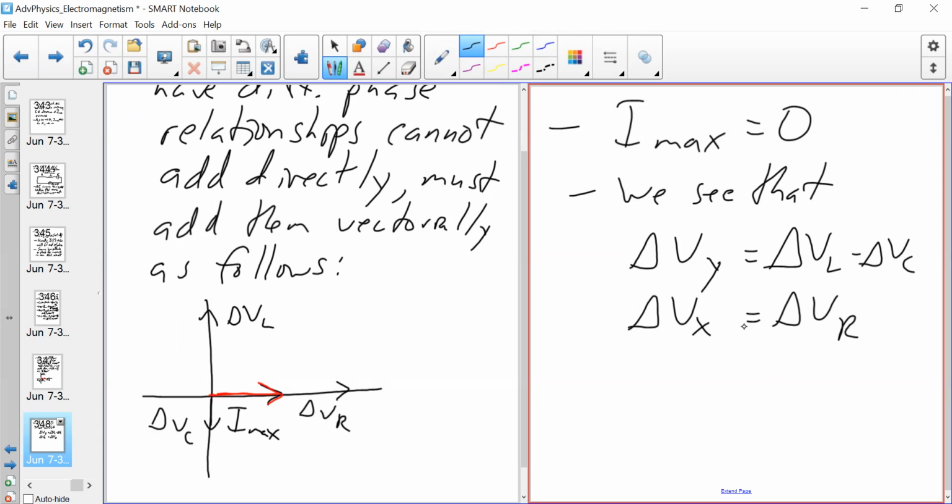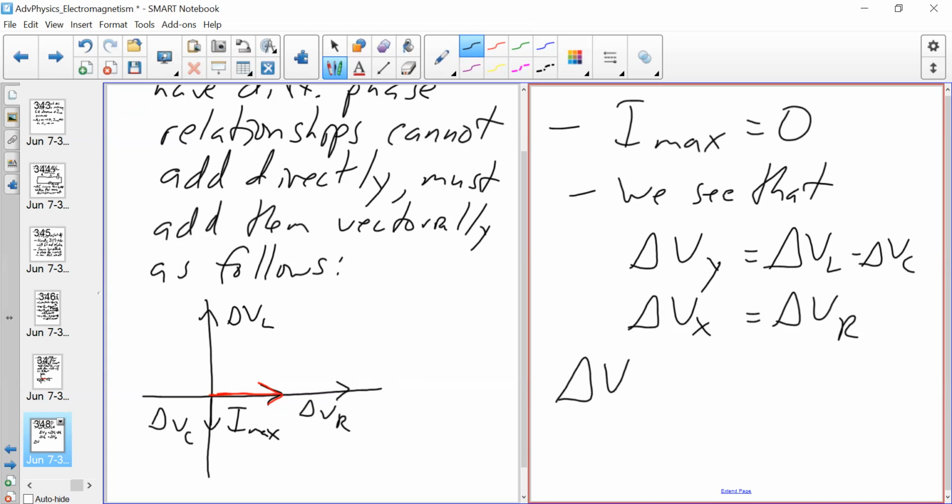And now for the maximum voltage in this RLC circuit, which is just going to be the vector sum of all of these voltages, because as we've seen in individual phasor diagrams, these vector arrows represent the magnitudes of the maximum voltage. And so for the RLC, we have to vectorially add together to get the maximum voltage for the RLC circuit.